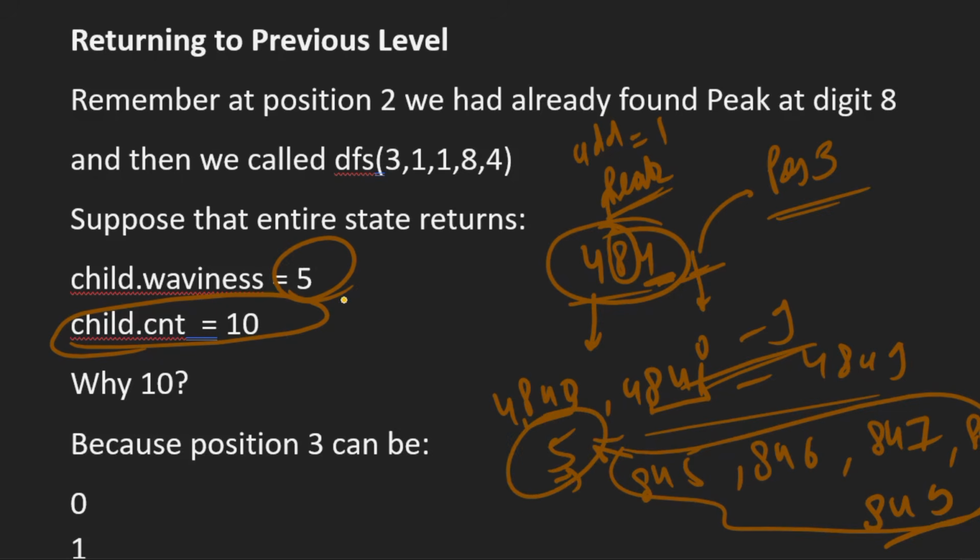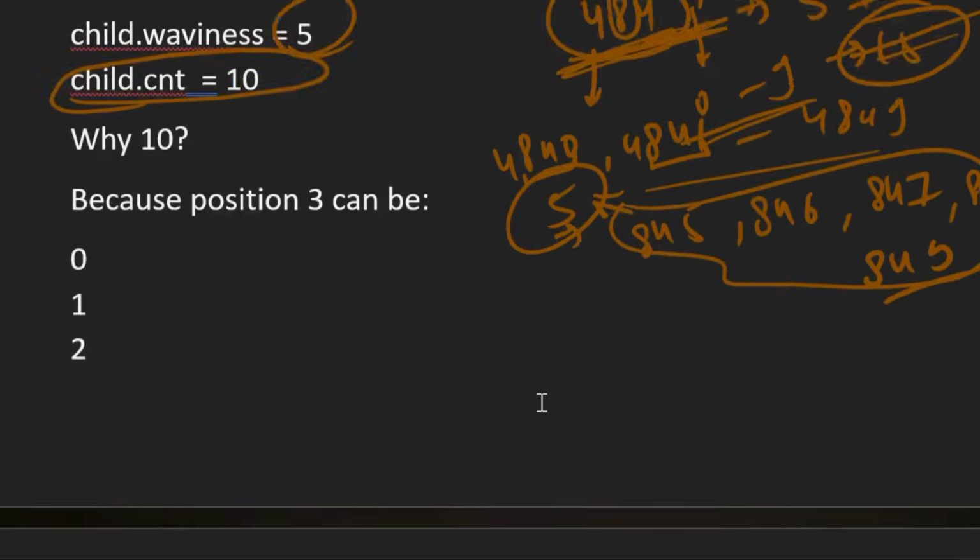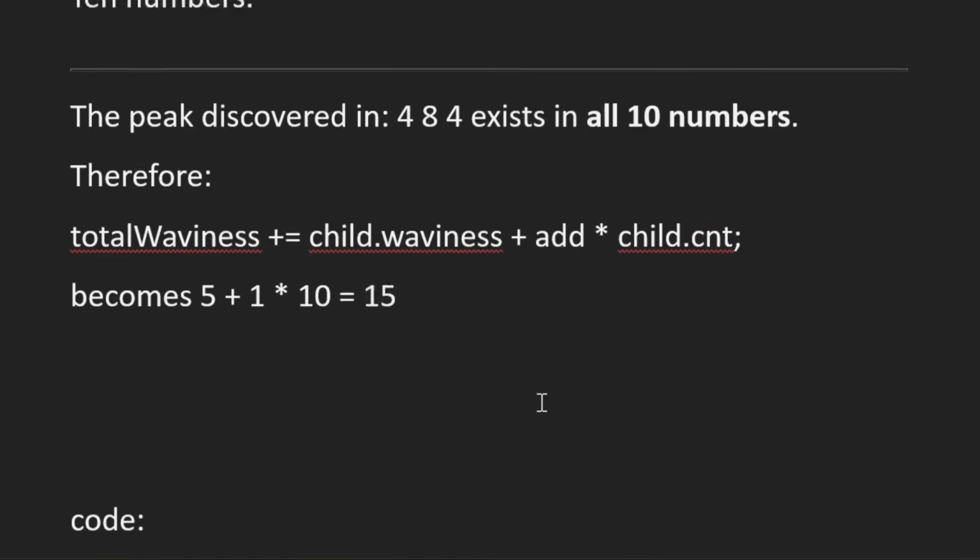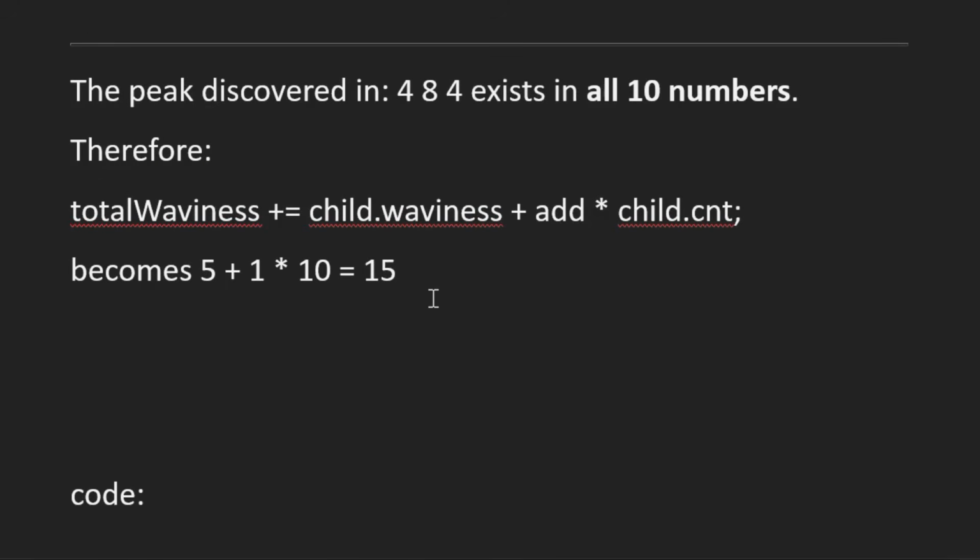So for this state, what is the total waveness? Total waveness is equal to child waveness plus add, here add value is 1, into child count, which is 10. So total waveness over here is 15. So this way we'll find the total waveness for the parent node or for the position 2, where we have the number 484.